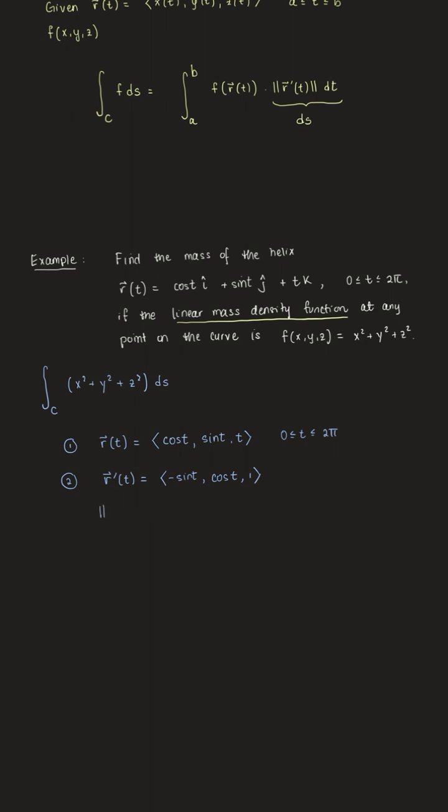To find the speed, we'll need the magnitude of our velocity function, and that will be the square root of sine squared t plus cosine squared t plus 1. We can use our Pythagorean identity that sine squared t plus cosine squared t is equal to 1. So our speed is the square root of 2.